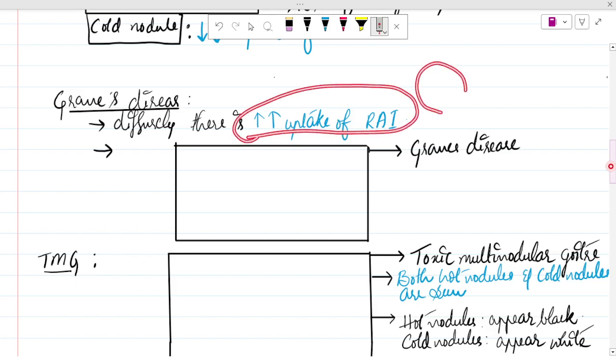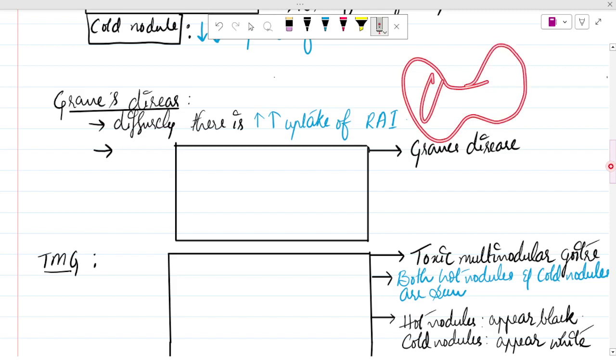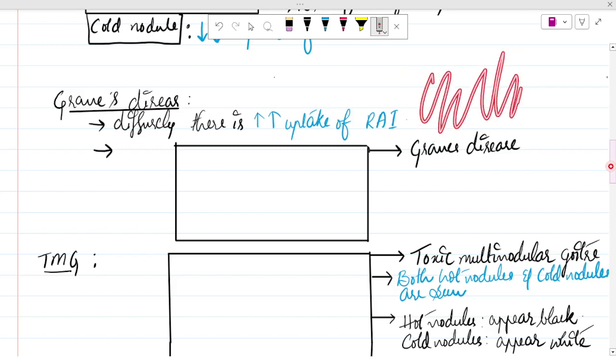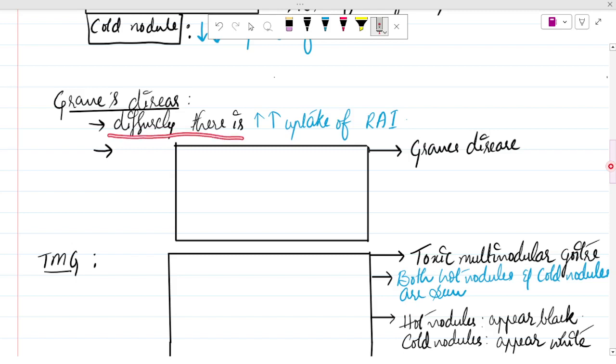You won't get only a regional increased uptake. You will get a diffuse one. That means in most of the thyroid tissue, there will be increased uptake of radioactive iodine. That is seen in Graves' disease, right?